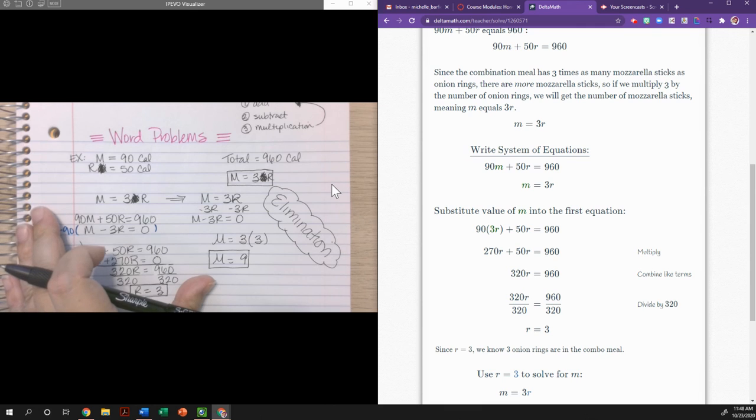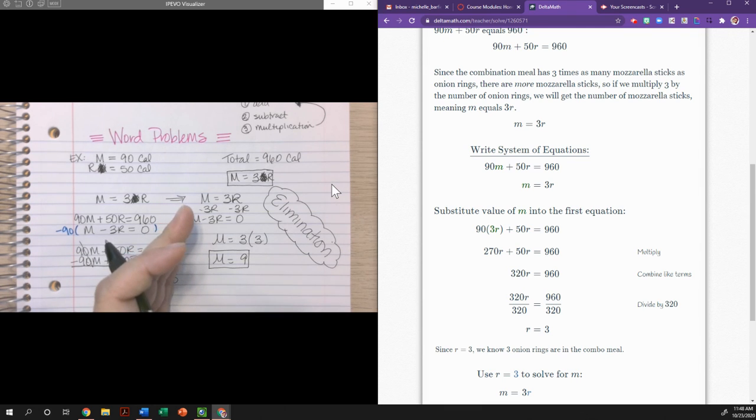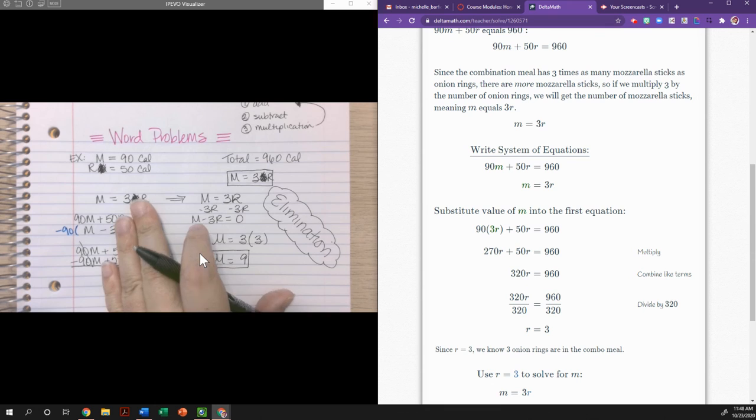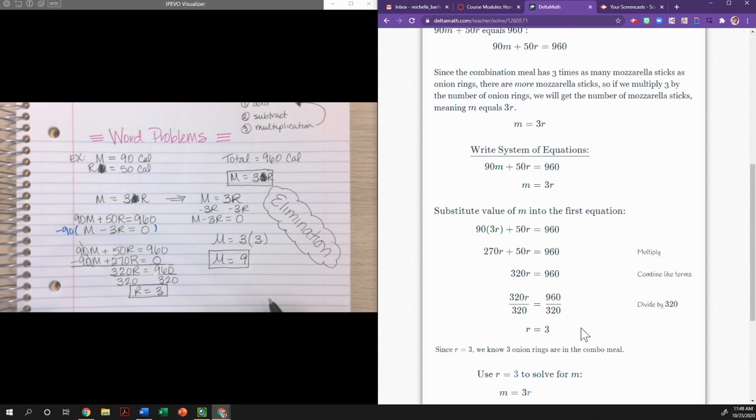That's how you would do this. If I just said solve the word problems, which you are being given that choice with, okay? If I say solve the word problem, you can use what's over here in Delta Math and you can use substitution, okay? It's your choice.